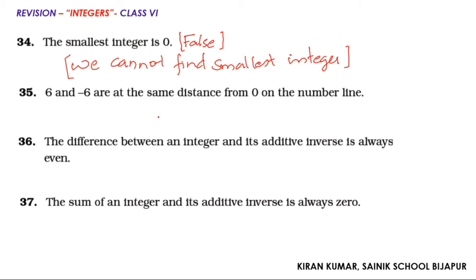Statement number 35. 6 and -6 are at the same distance from 0 on the number line.